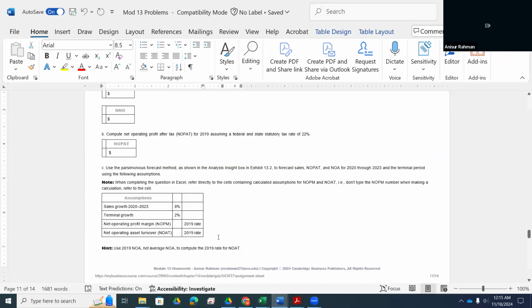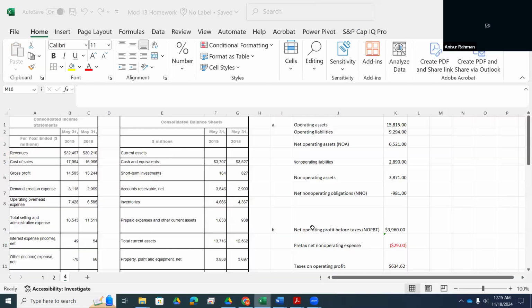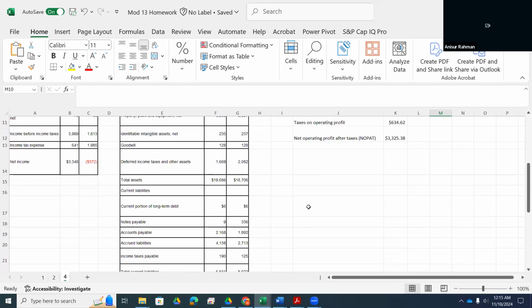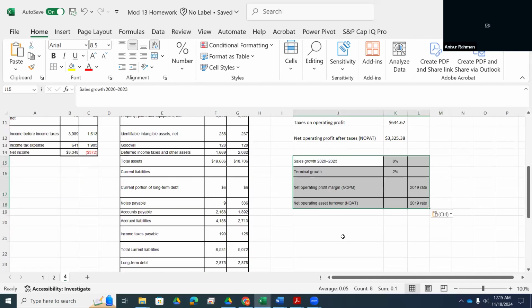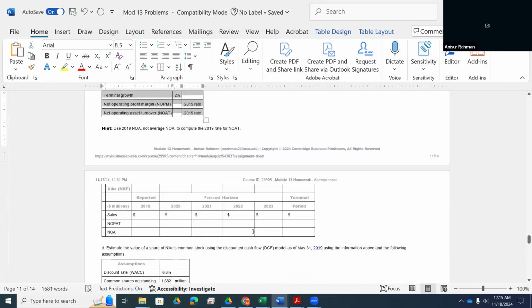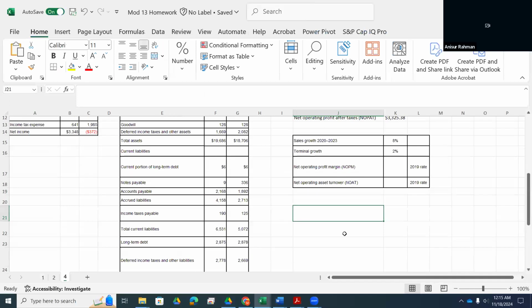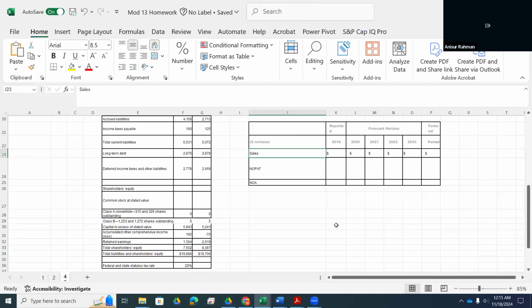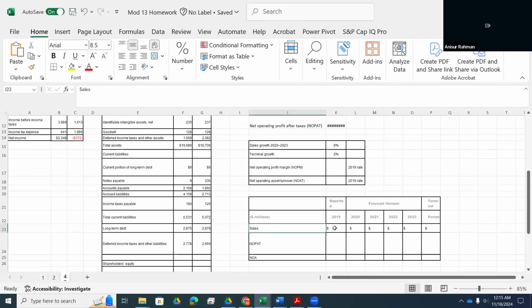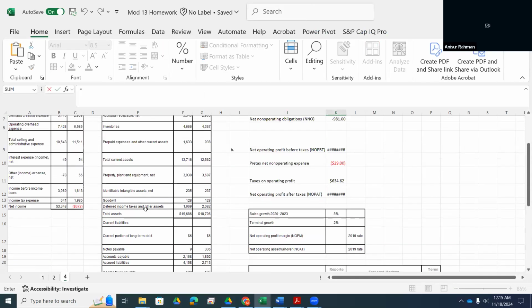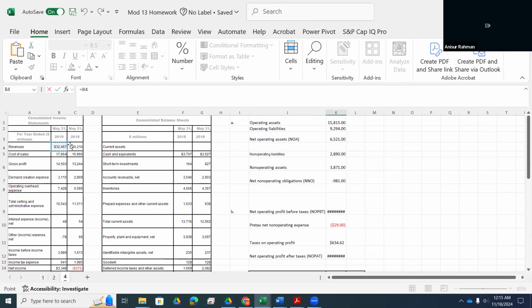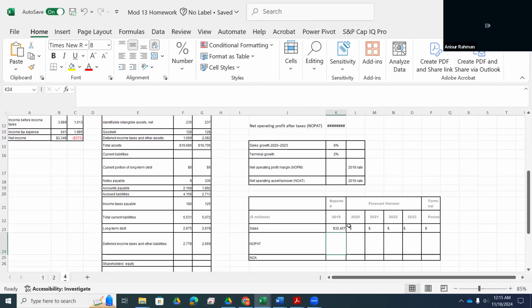We have to copy some additional information, the assumptions. I'll copy this, Control-C, and paste here. Then I'll copy this. What I have to find is sales for 2019, which is given. So this cell. Then I'm going to erase this dollar sign.